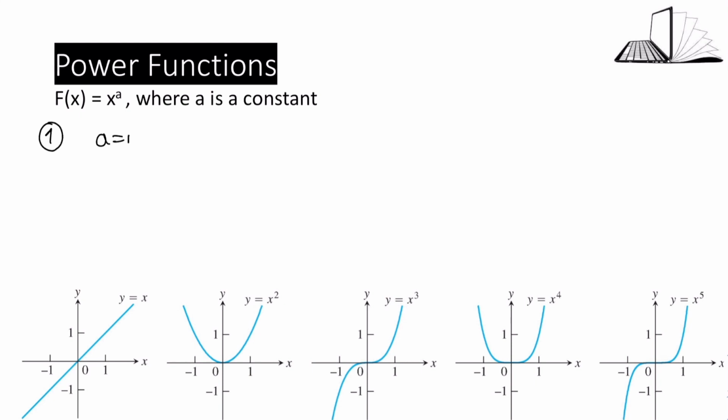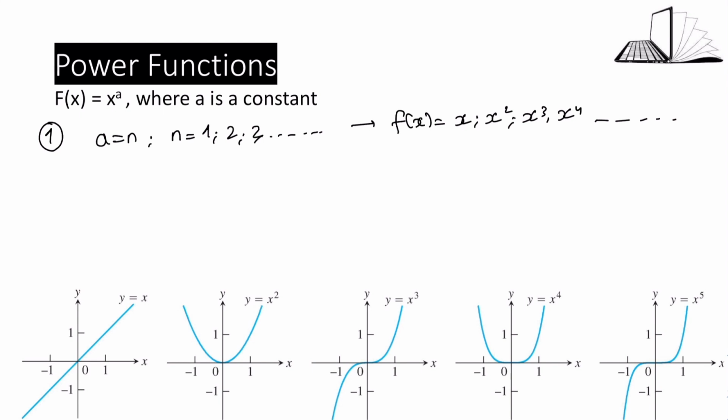If a is equal to an integer n, equal to 1, 2, 3, whatever, the function is going to look like x to the power 2, x to the power 3, x to the power 4, and so forth. Notice that the domain is that x can take any value, from minus infinity to plus infinity.